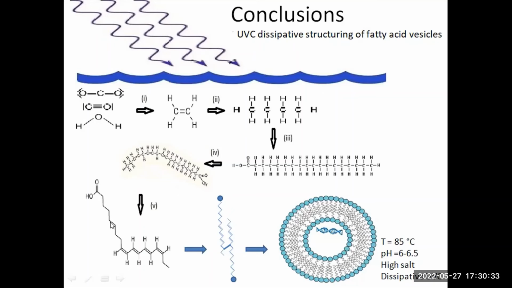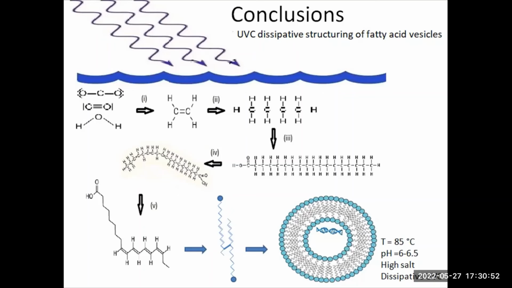And through covalent cross-linking between different fatty acids, we can form a stable system at low pH values and at high temperatures, about 85 degrees centigrade.